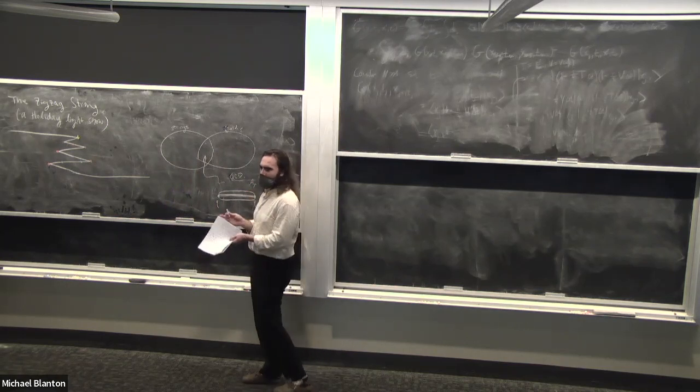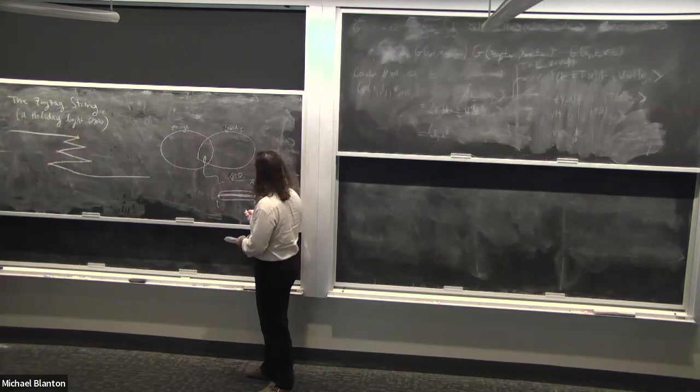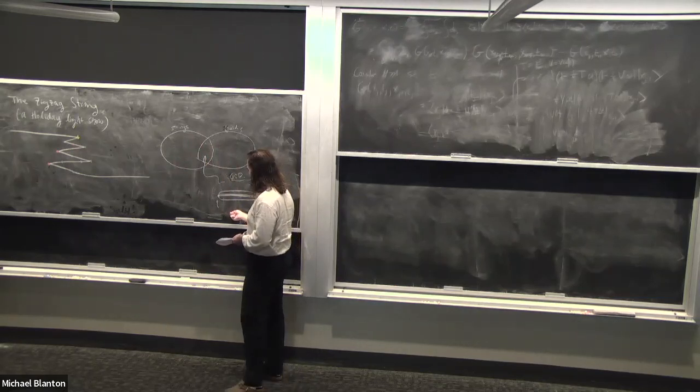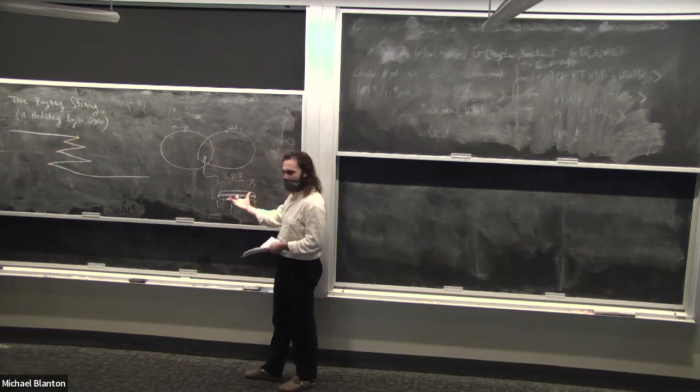So instead of in electrodynamics, where your field lines spread out spherically, you get this flux tube, which is what it's called, that forms between the two quarks.